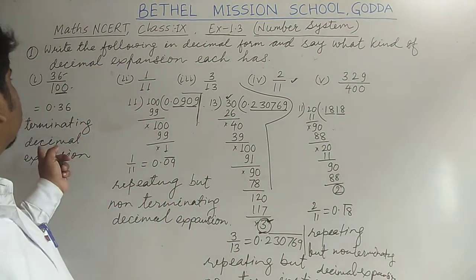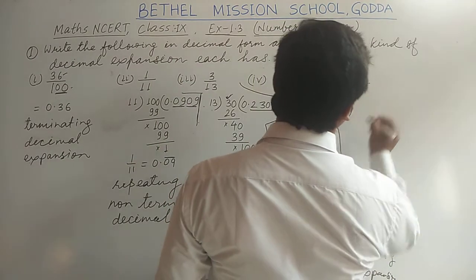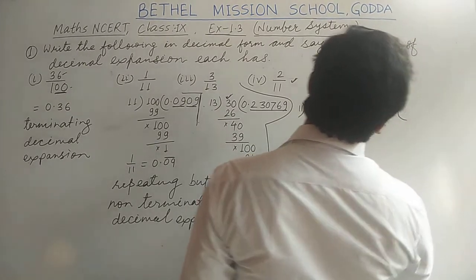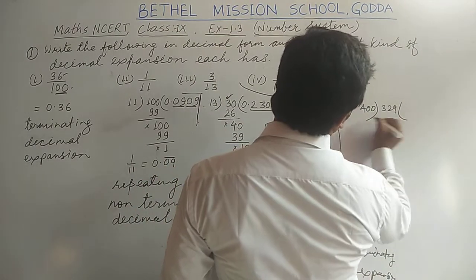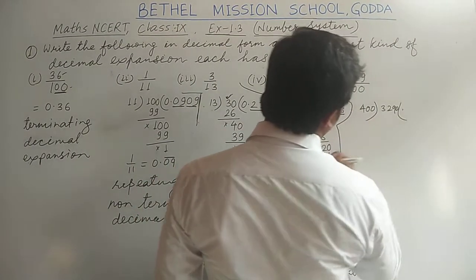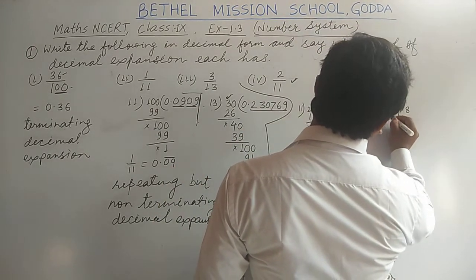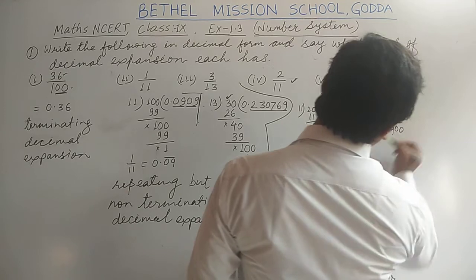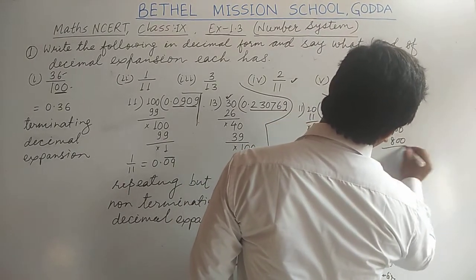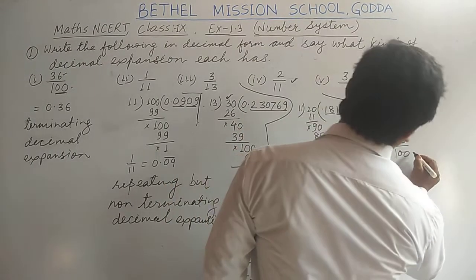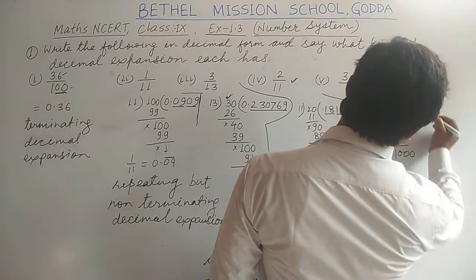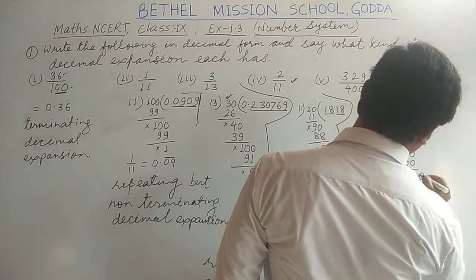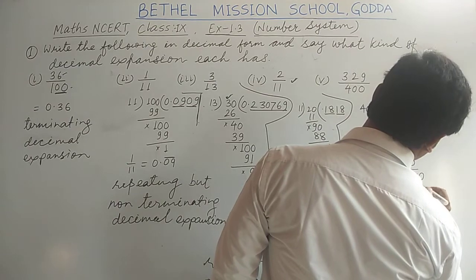So you can see here, next, 329 by 400. 329 is smaller than 400, so we'll put decimal, it will give 3290. 400 times 8 is 3200, remainder 90, decimal again 900, 400 times 2 is 800, remainder 100, decimal again 1000, 400 times 2 is 800, remainder 200, decimal will give 2000, 400 times 5 is 2000, remainder 0.